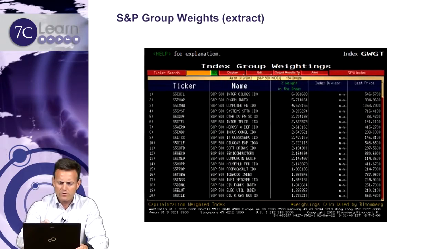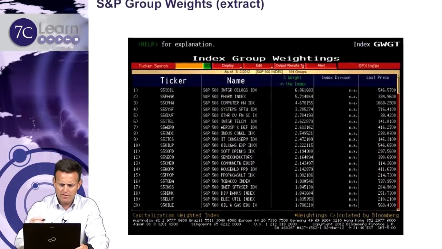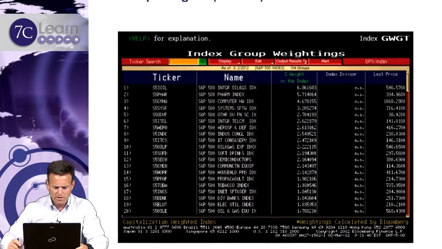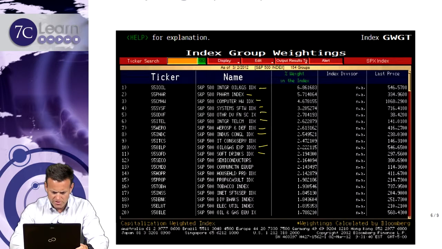Okay, here are some of the sectors that are reflected in the S&P 500 index. So you can get a sense of, we've got integrated oil and gas, we've got pharmaceuticals, we've got computer systems, other, integrated telecom, aerospace and defense, industrial conglomerates, oil and gas exploration, soft drinks, semiconductors.